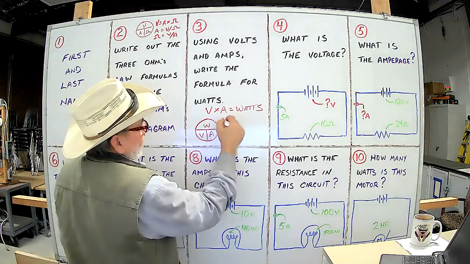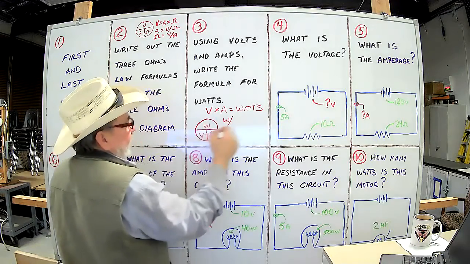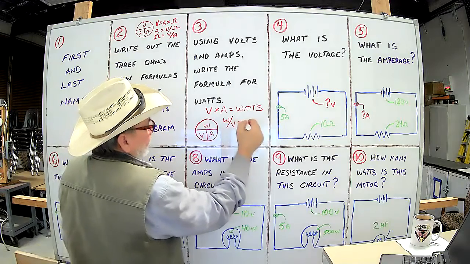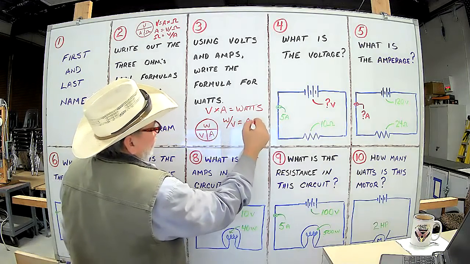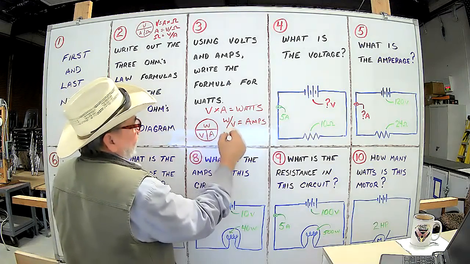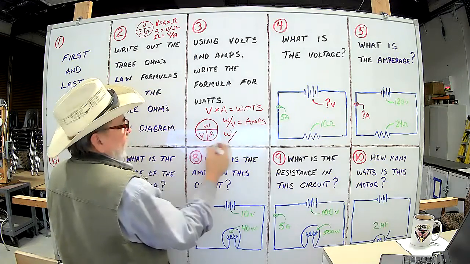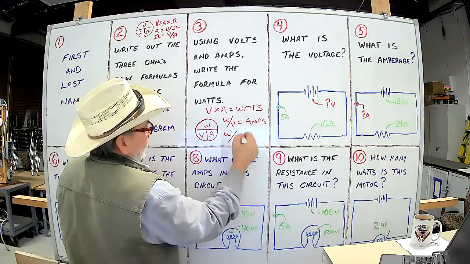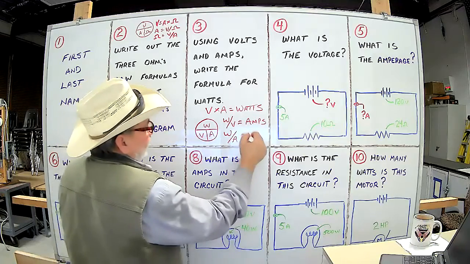So that would be watts divided by volts equals amps. Or you could have watts divided by amps equals your volts.